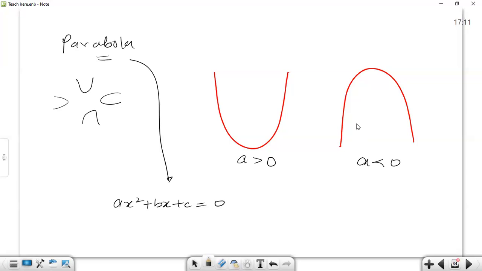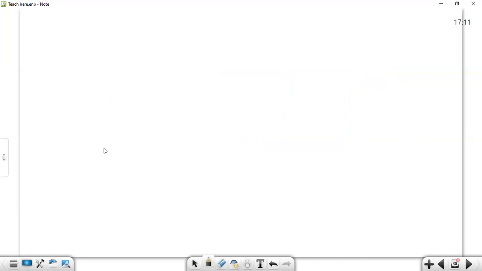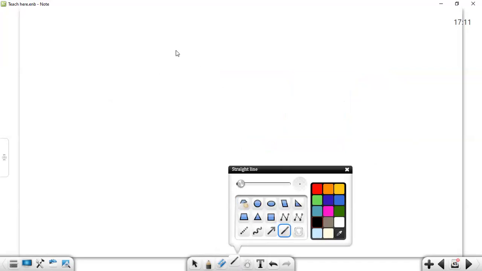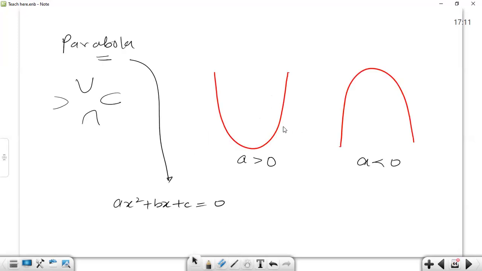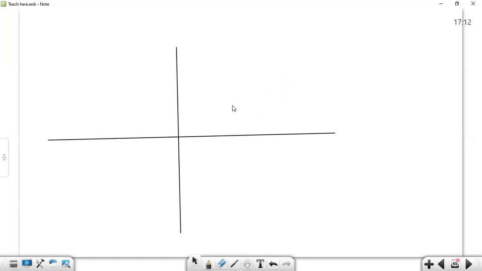The parabola is going to intercept the x-axis only when there are roots. So let's bring the parabola from the previous page. This is the parabola.